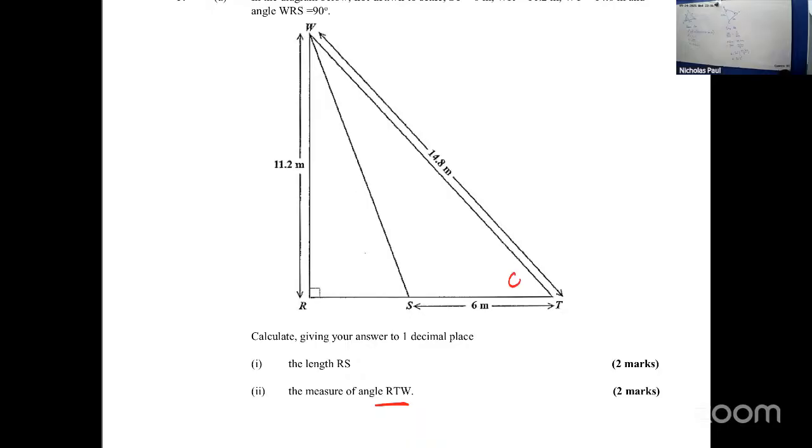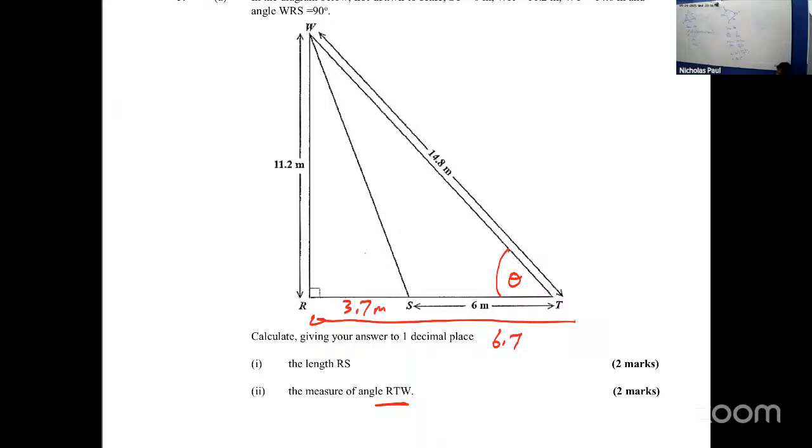RTW, that's here. We just found this whole thing. It's 6.7 and here is 3.7.